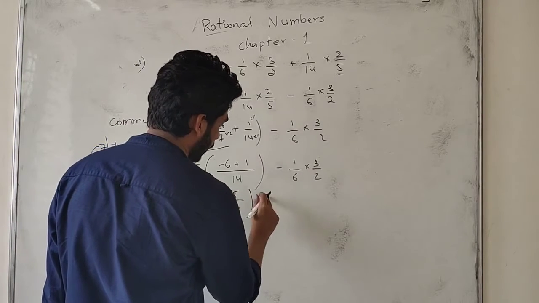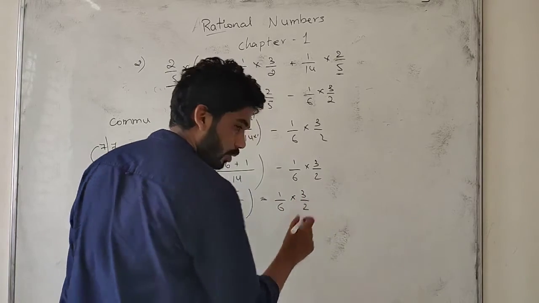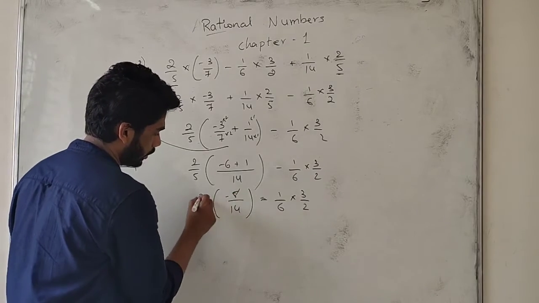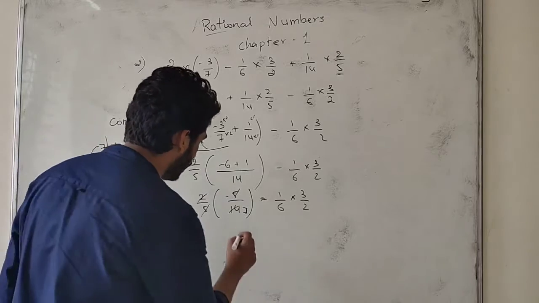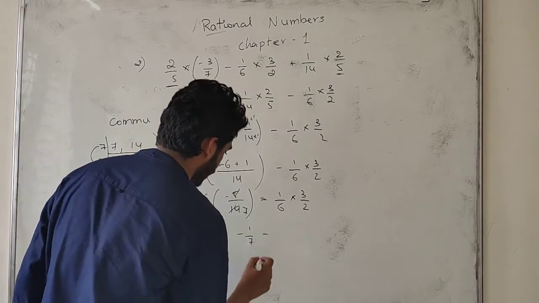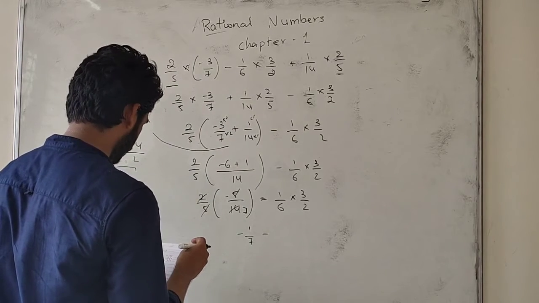Okay, minus 1 by 6 into 3 by 2, as it is. Now it is a cancellation method. 5 ones are 5, 5 ones are 5, 2 ones are 2, 2 sevens are 14. So here we get minus 1 by 7, minus 1 by 7.